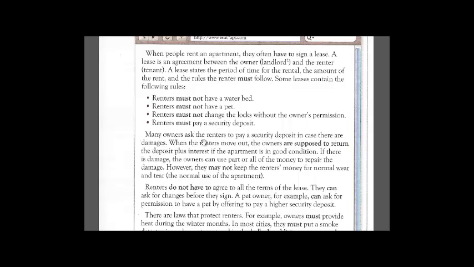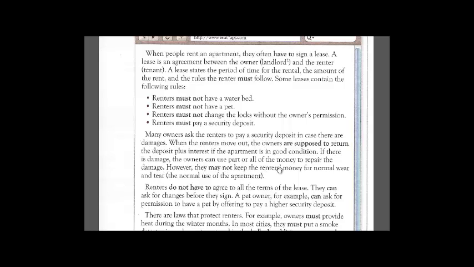Many owners ask the renters to pay a security deposit in case there are damages. When the renters move out, the owners are supposed to return the deposit plus interest if the apartment is in good condition. If there is damage, the owners can use part or all of the money to repair the damage.